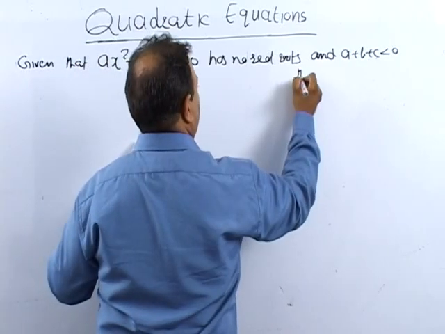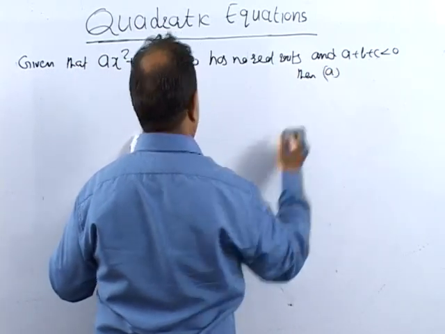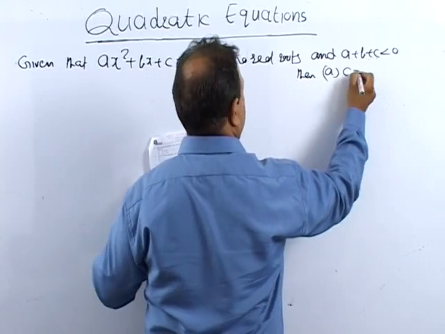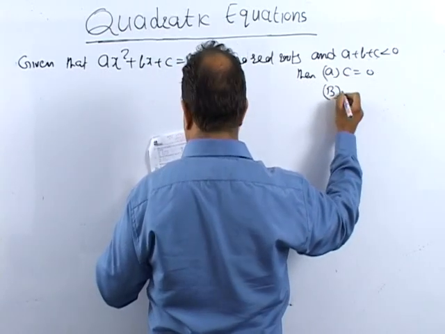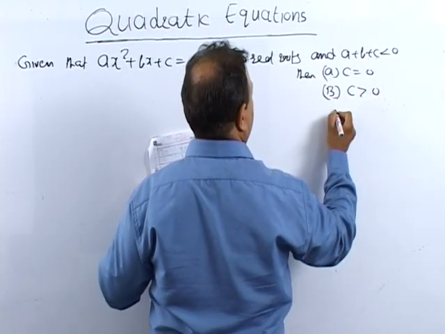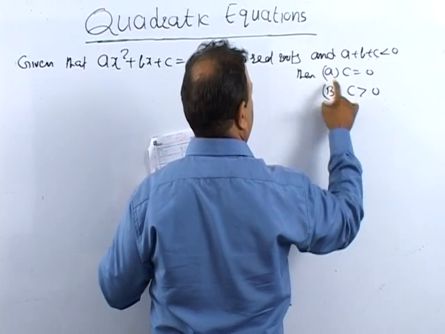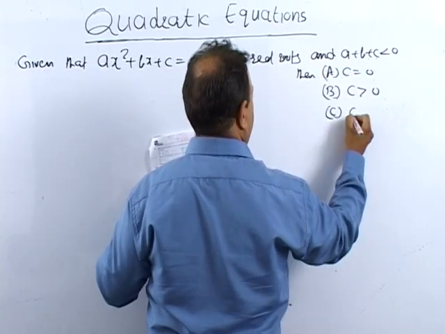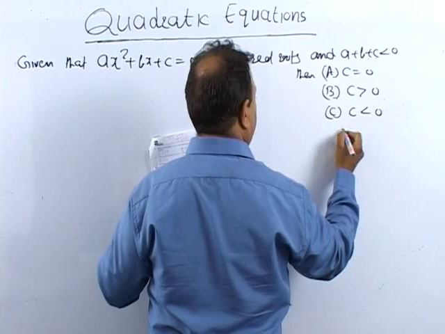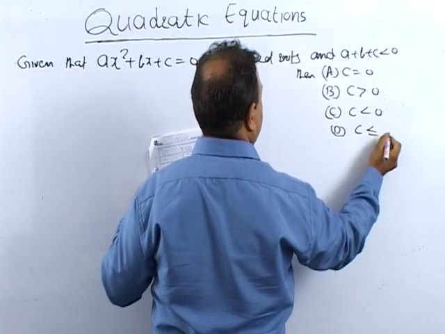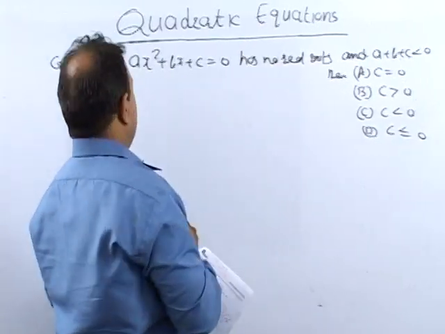Then 4 options we have been given out. A option is c is equal to 0, B option is c greater than 0, C option is c less than 0, and the D option is c less than equal to 0.